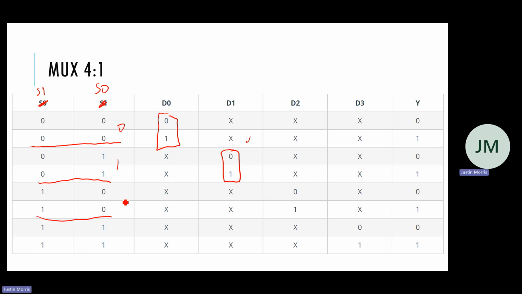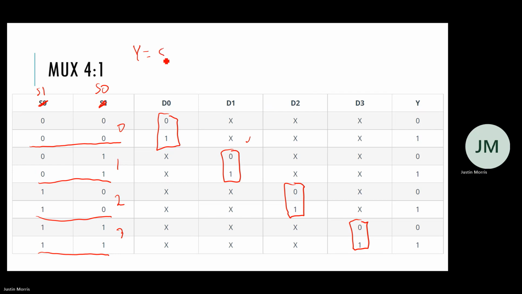When the 2 bits are representing 2, we are selecting D2. And then when they are representing 3, we want D3. Right? So if we wanted to write out the equation for this, we again just have to scale up, right?